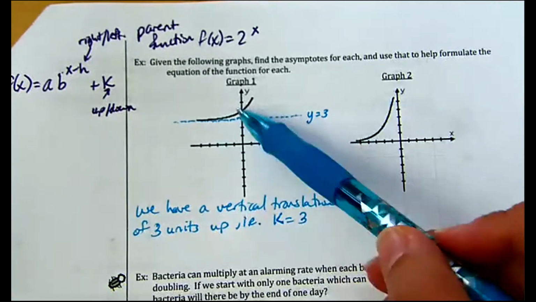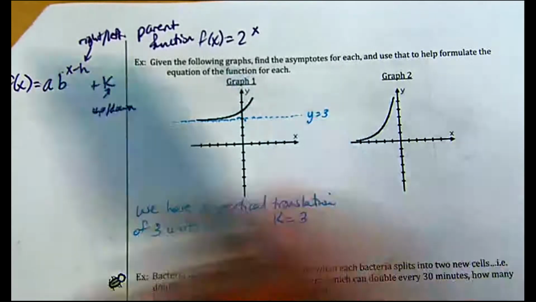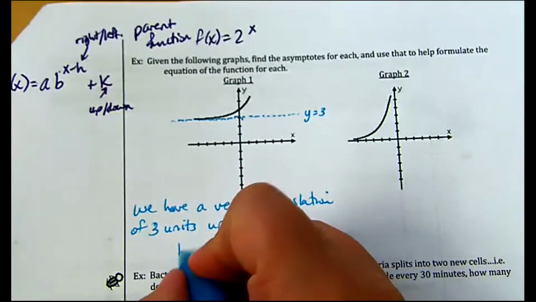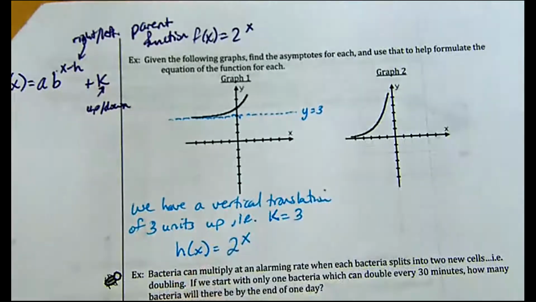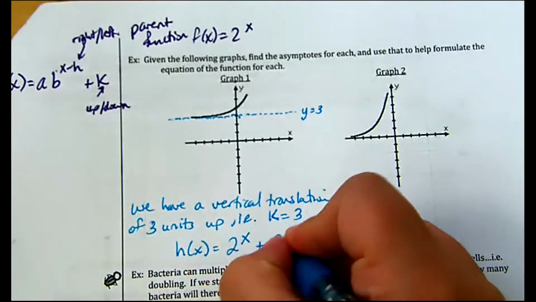As far as we can tell, there was no movement right or left. So that means our transformed function would be 2 to the x power and then plus 3 on the side.